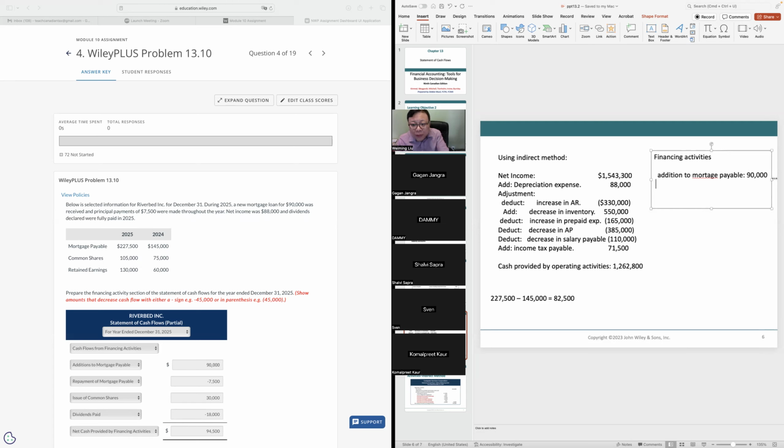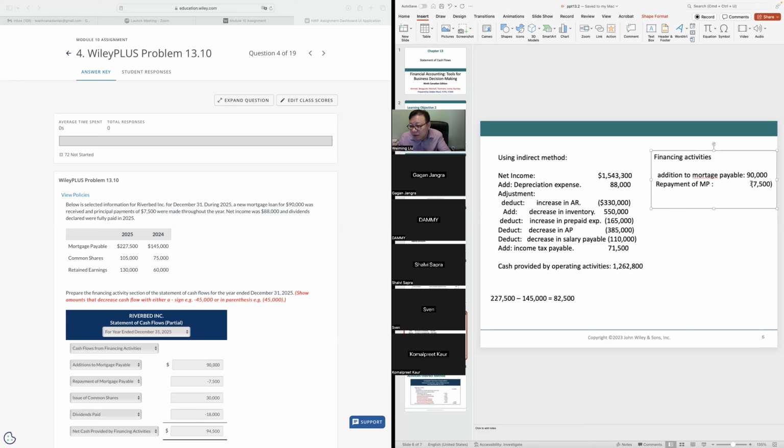And then you have a payment, the principal payment. You pay the principal payment of 7,500. So that's the repayment of mortgage payable for 7,500.